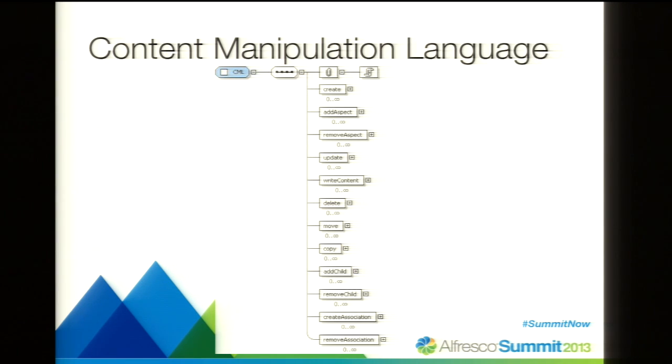Using the content manipulation language used inside this API, you can embed in a single message different create operations, different add aspects, different update operations against a repository, without exchanging different HTTP calls. Just a unique message and a unique response message.